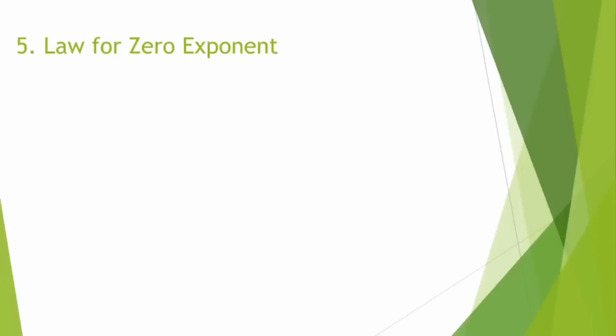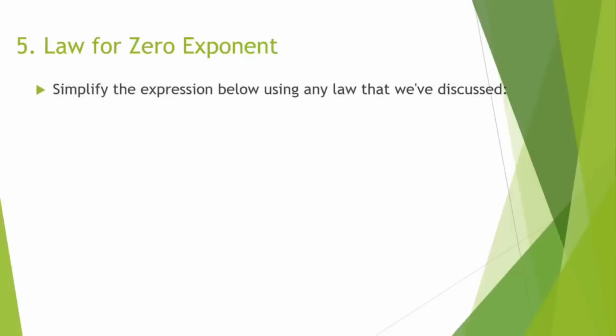Let's continue with law number 5. For the fifth law, we have the law for zero exponent. Let us simplify the expression below using any law that we've discussed. So what is the result when we divide 2 cubed over 2 cubed? Let us use first the previously discussed one.